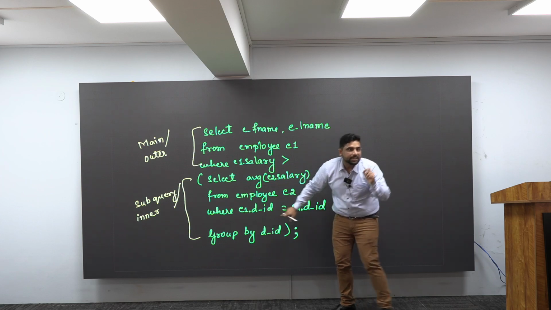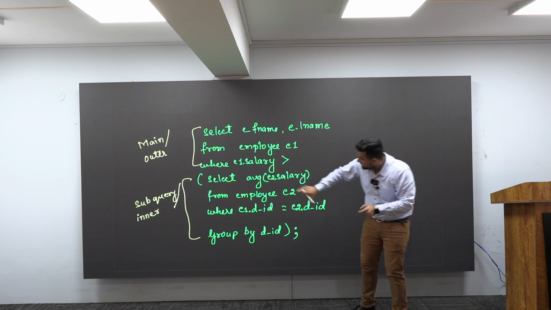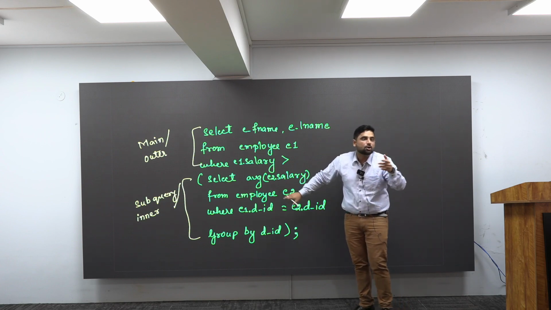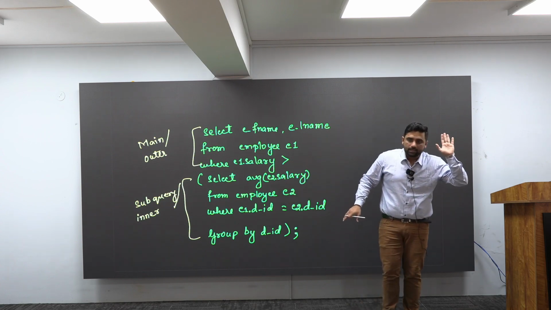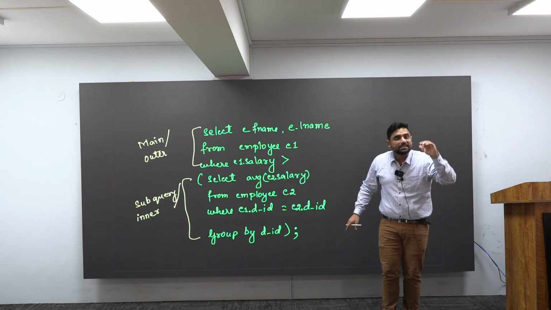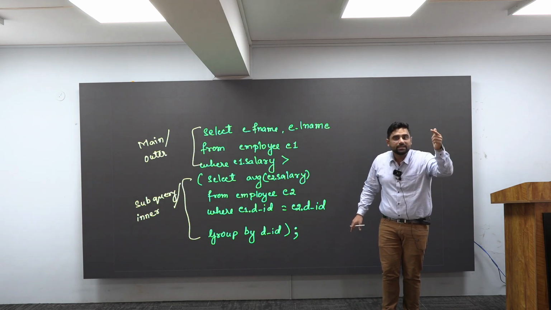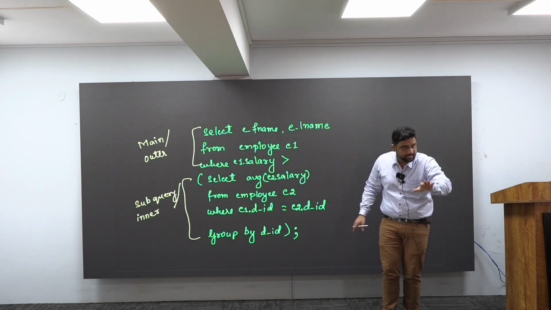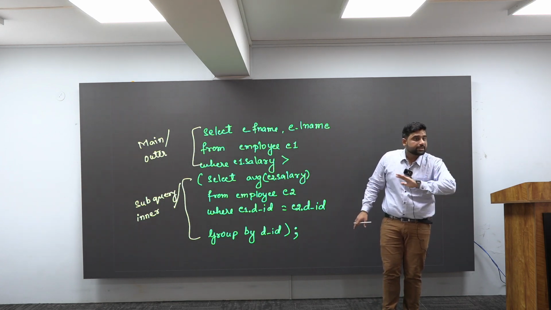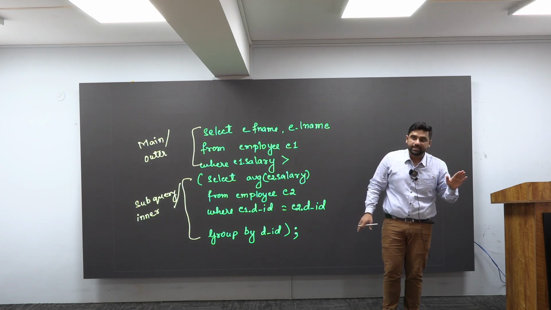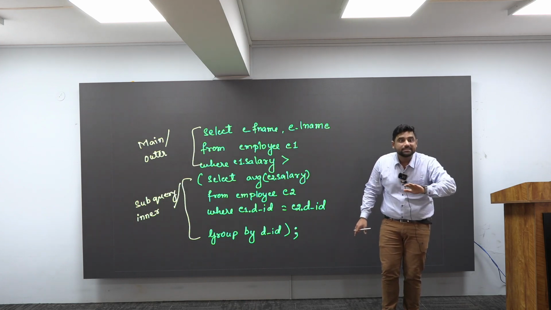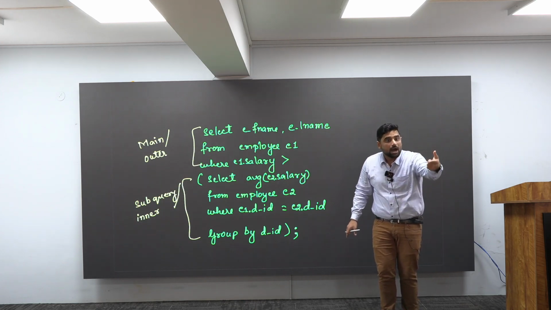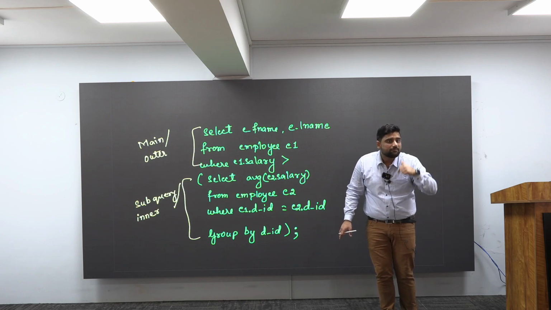And my friend, if you want to execute this inner query separately, you cannot execute it. Till now, in whatever queries we have seen, we could execute our inner query separately. But over here, we cannot execute our inner query separately, because the inner query is completely dependent on our outer query.